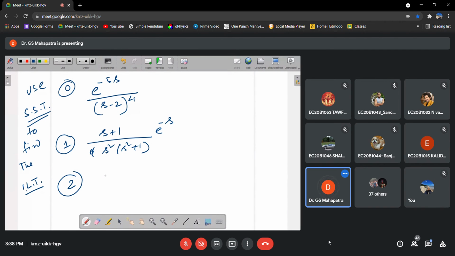So now the final one: s by s square plus 25 into e to the power minus 4 pi s divided by 5. It is 25, the last one, 5 square.